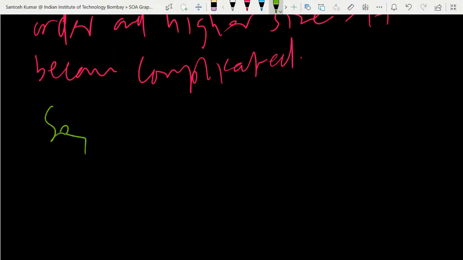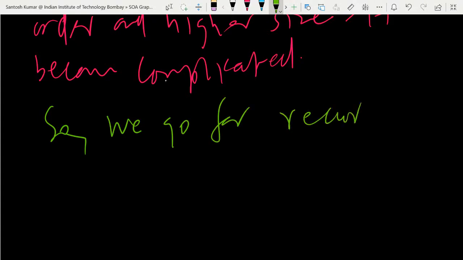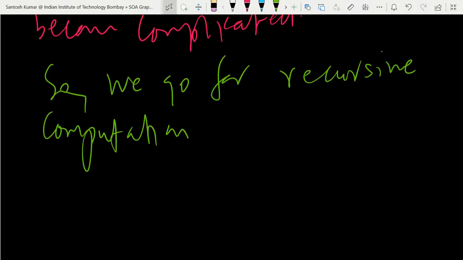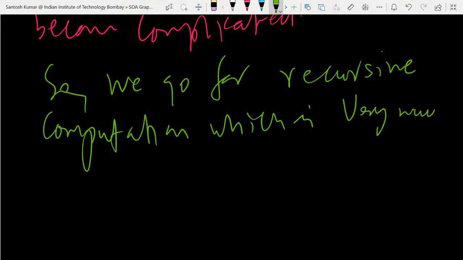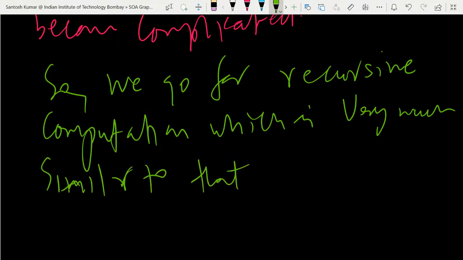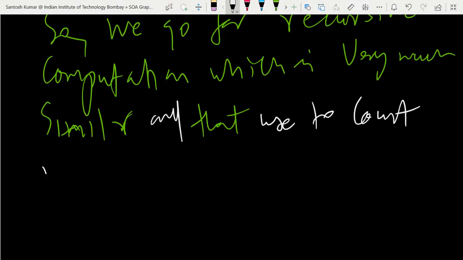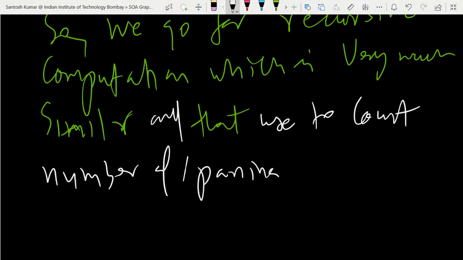So we go for another way, and that way is recursive computation, which is very much similar to the method used to count the number of spanning trees.